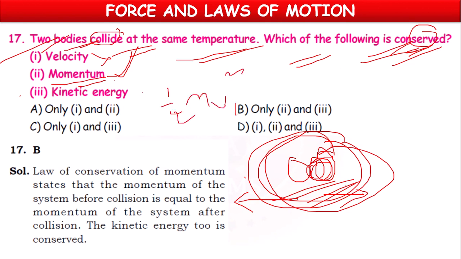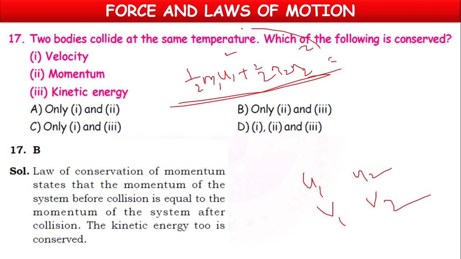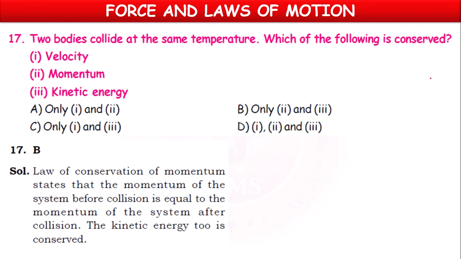Suppose the initial velocities are u1, u2, final velocities are v1, v2, then half m1 u1 square plus half m2 u2 square is the total kinetic energy before collision, equal to half m1 v1 square plus half m2 v2 square, total kinetic energy after collision. So this kinetic energy also will be conserved. So both 2 and 3. So option B. Only 2 and 3 are conserved.